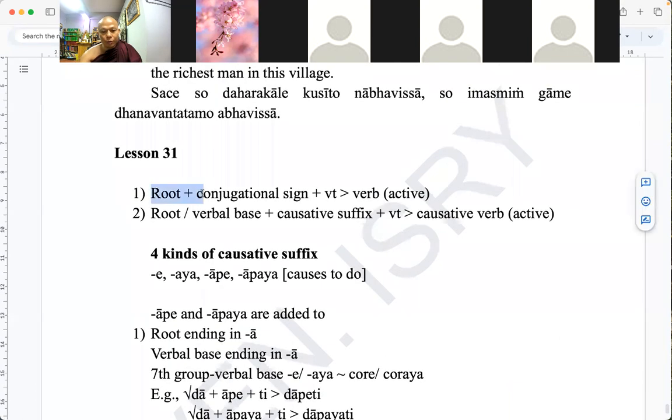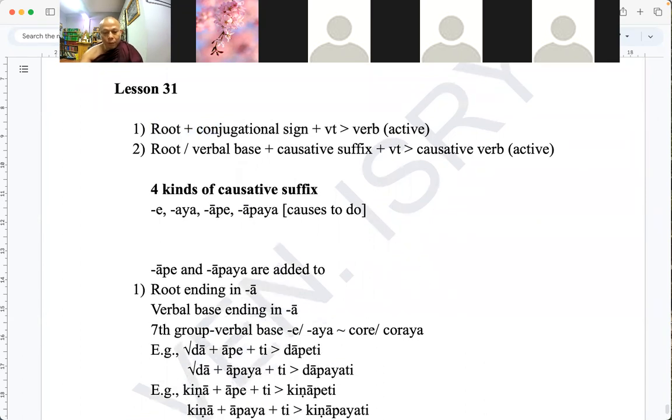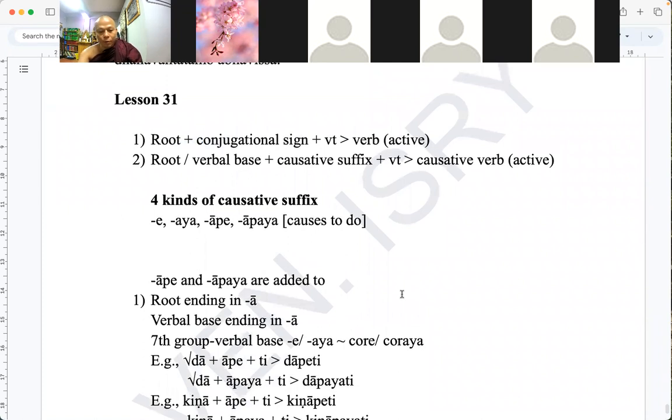So here we need to note this. To form the causative verb, first, to the root, by adding one of the causative suffixes, we have the causative verb base.